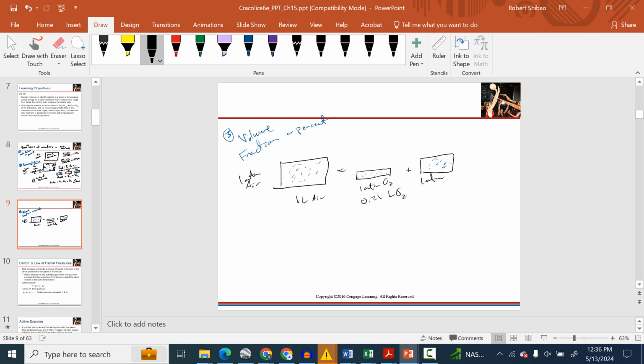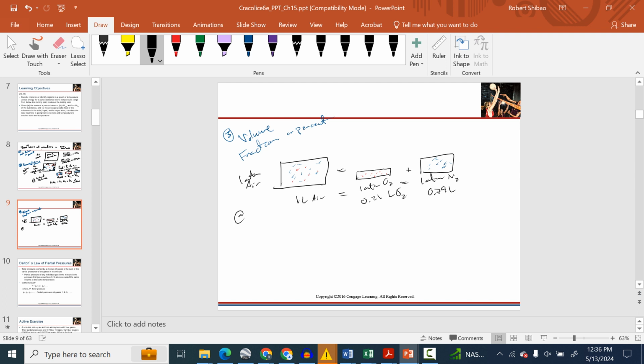And so we end up with 1 atmosphere of nitrogen. But the box is going to be a little bit bigger because there's more nitrogen, but not as big as 1 liter. And so the volume is going to be 0.79 liters.